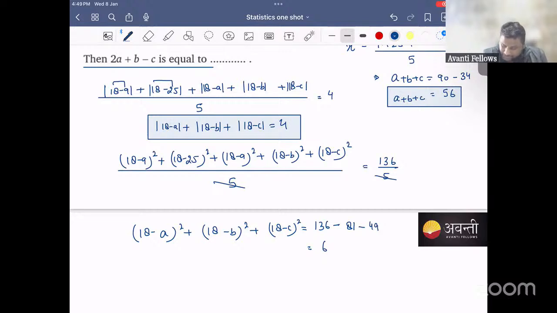So this is the third relation I have: (18 minus a) square, (18 minus b) square, (18 minus c) whole square.